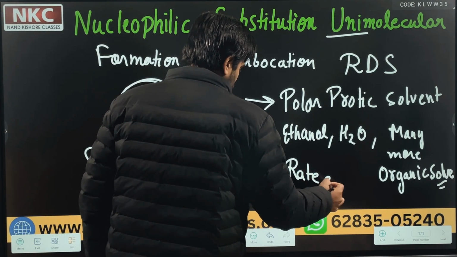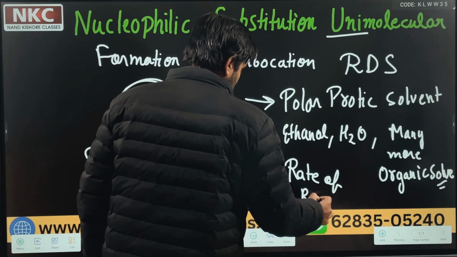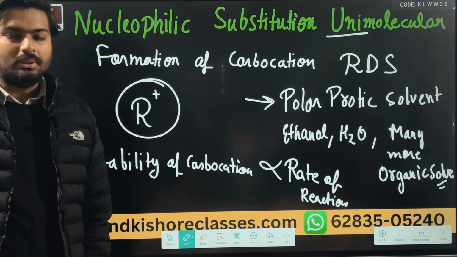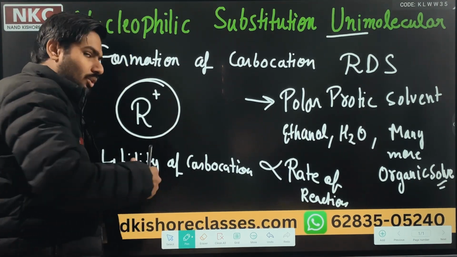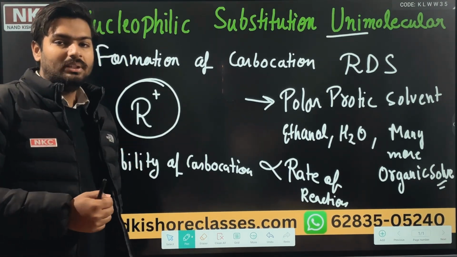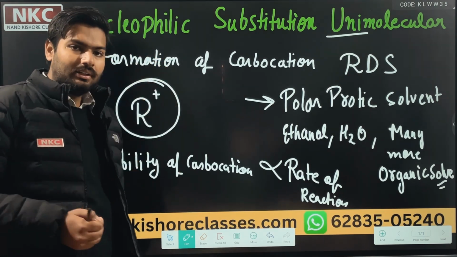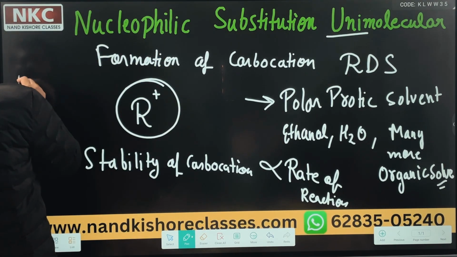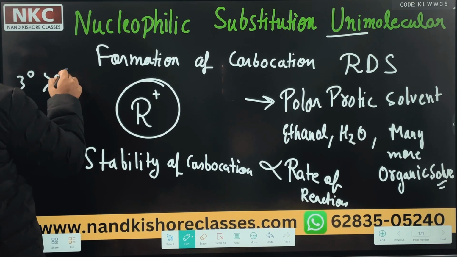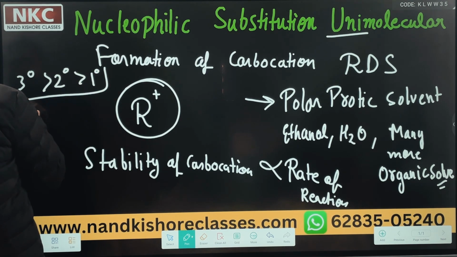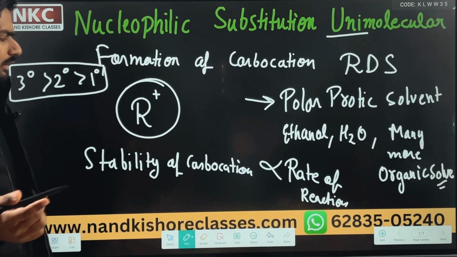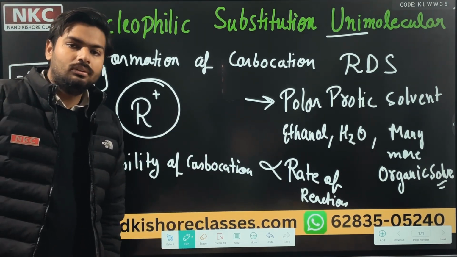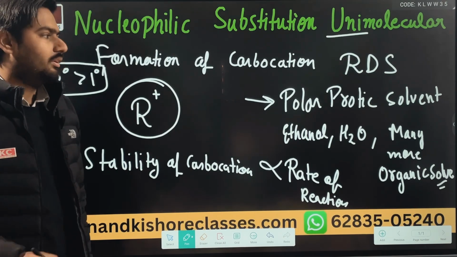The more stable the carbocation, the greater the rate of that reaction. And you know that a 3-degree carbocation is much more stable than 2-degree, which is more stable than 1-degree. I have taught you this in many classes, clear? So the stability of the carbocation is directly proportional to the rate of the reaction in this case.